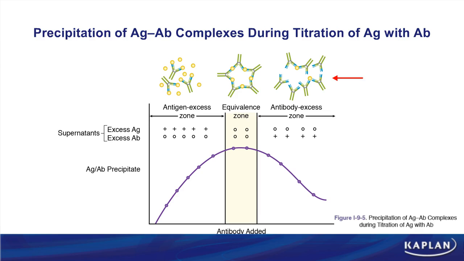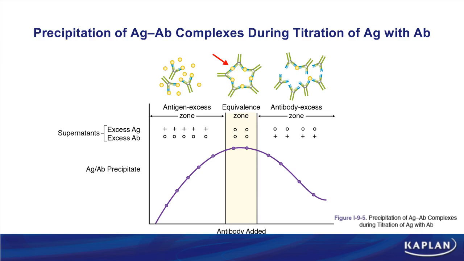Let's look at the other side of this graph. Toward the end of the infection, we are going to have more antibody than antigen. So we have the antibody excess zone. And again, not really good for maximizing the amount of antigen and antibody within an immune complex. But right in the middle, where we have approximately the same concentration of antigen and antibody, this is where we tend to see immune complexes, and we've referred to this as the zone of equivalence.